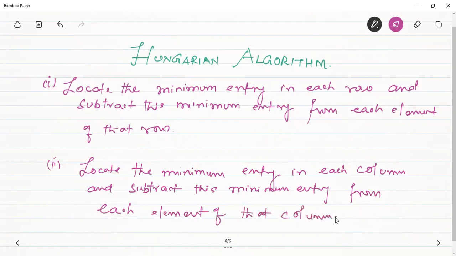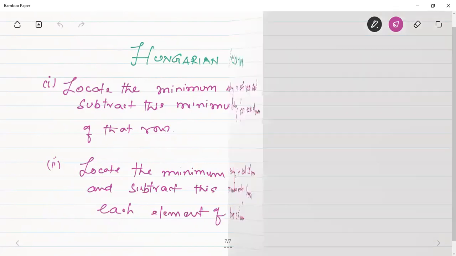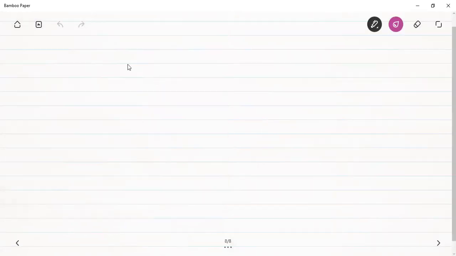Suppose that these are the first 2 steps, and I can show this by one example here.